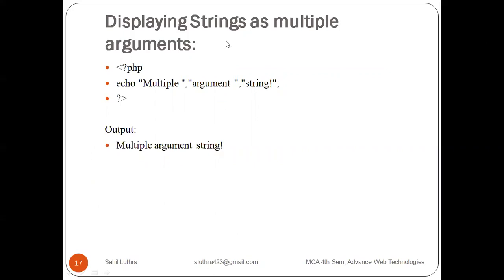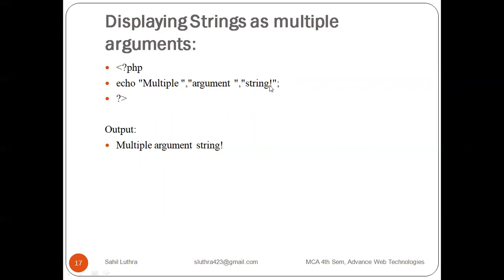After that, the next thing is displaying strings as multiple arguments. What it means is that we can pass multiple strings to echo. So this is the syntax here: less than question mark PHP. Here the echo keyword comes, after that the first string, and we are going to separate it with the help of a comma. After that, the next thing is string, is argument, which we also separate with a comma.